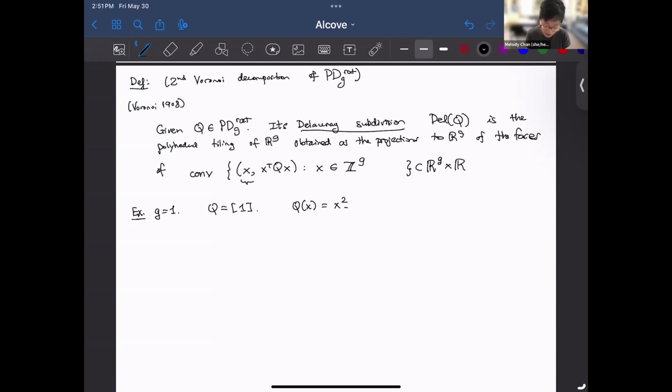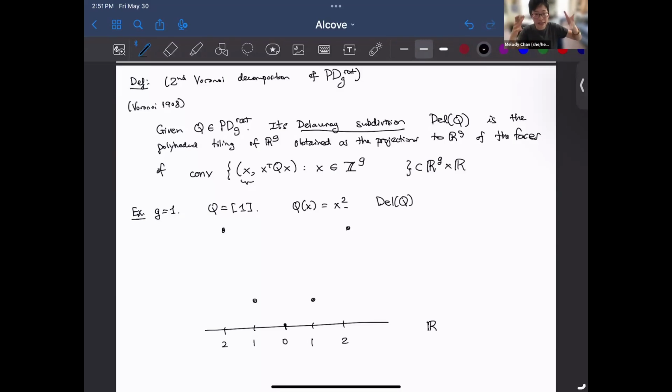So the output, the Delaunay subdivision of Q, is the following. To compute it, you lift not all points of R, but just the lattice points to the heights prescribed by the form Q. So 0 is lifted to height 0, 1 and minus 1 are lifted to height 1, and so on.